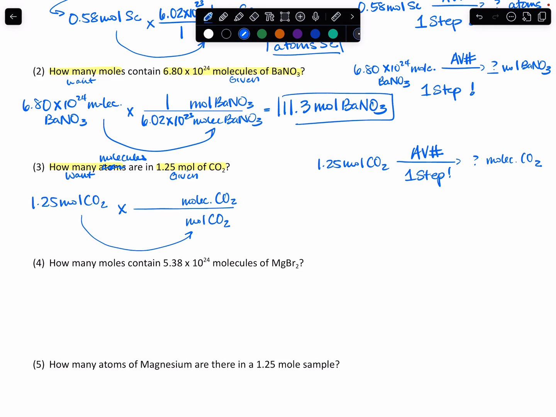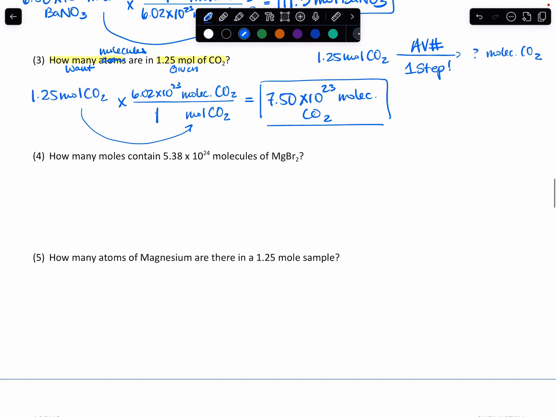And according to our unit equality, 1 mole of any substance contains 6.02 times 10 to the 23rd molecules of that substance. So I'm going to multiply Avogadro's number times 1.25 moles, and I'm going to get 7.50 times 10 to the 23rd molecules of CO2. All right, so 1.25 moles of carbon dioxide contains 7.50 times 10 to the 23rd molecules.